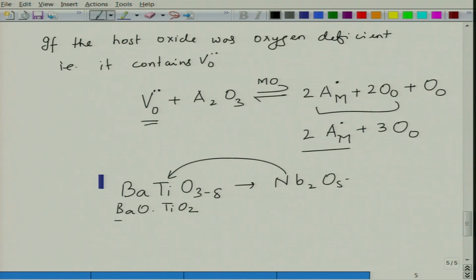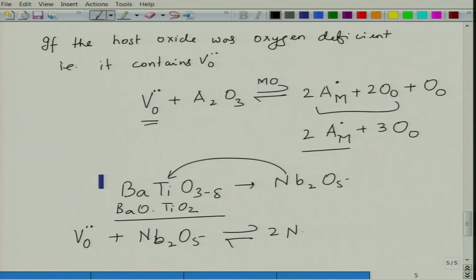It is BaO.TiO2, barium titanate, right. So, if you put niobium in this, Nb2O5, you have vacancies of oxygen in the system. So, 2 niobiums go to titanium site plus 5 oxygens go to oxygen site. So, this niobium will be positively charged.